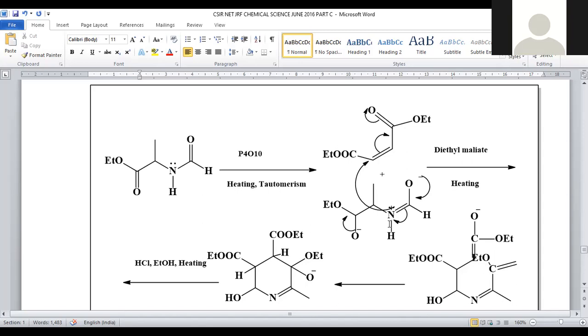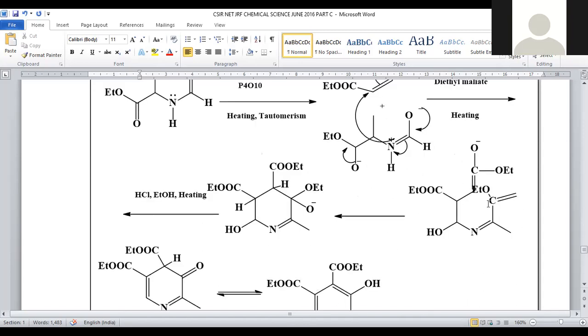So here, the quaternary nitrogen will be treated with this carbon-carbon double bond. The O minus will be back polarized so that these pi bonded electrons are shifting towards nitrogen. Those electrons will participate in bond formation with carbon, and this pi bond is moving towards this side, and this pi bond is shifting towards this side.